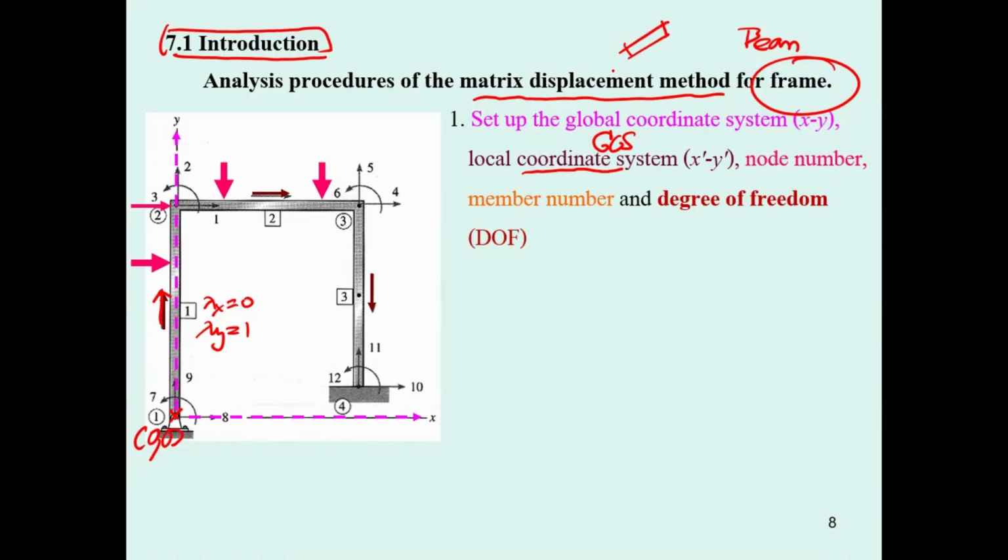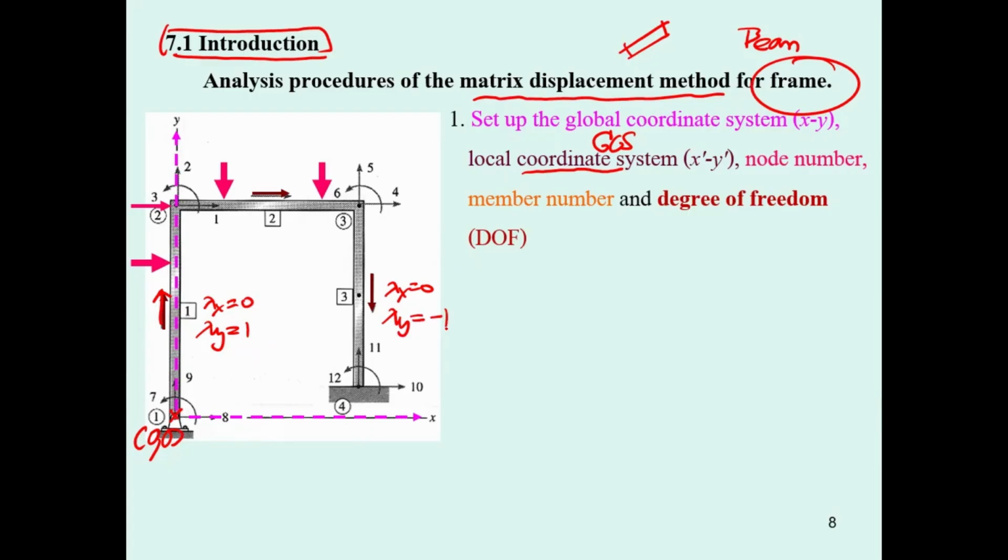I'm going to limit our study for the column in the vertical direction. For the column in the vertical direction, there are two types. Upward: lambda sub x is 0, lambda sub y equals 1. Downward: lambda sub x equals 0, lambda sub y is minus 1.